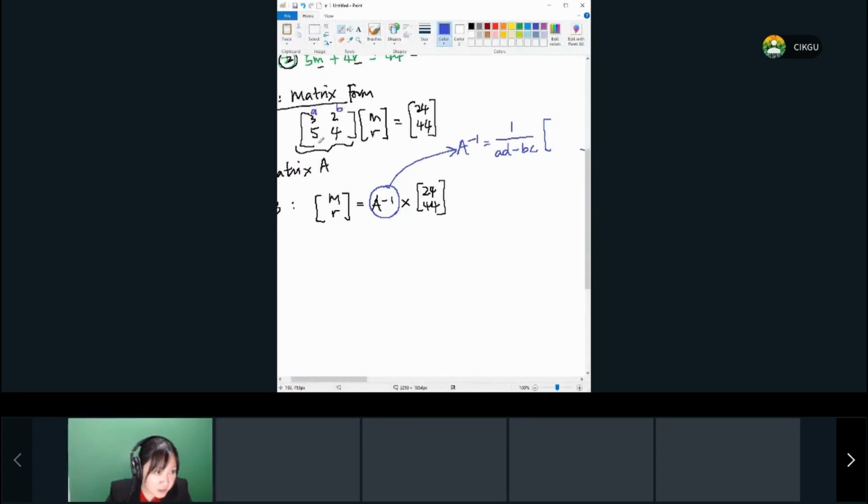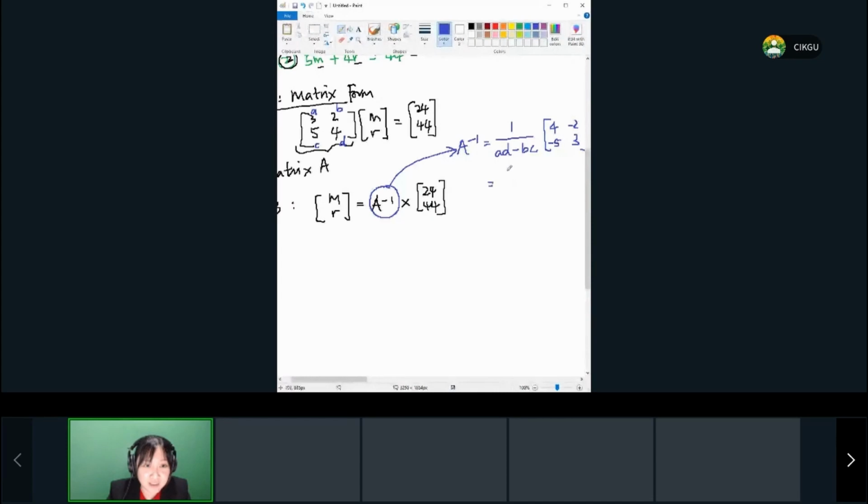For the inverse matrix, you swap A and D. So 3 and 4 swap, become 4 and 3. Then B and C don't swap. They stay in the same place, but need to change the sign only. This one positive, change to negative, so -2. This one becomes -5. No need to swap. Done already.